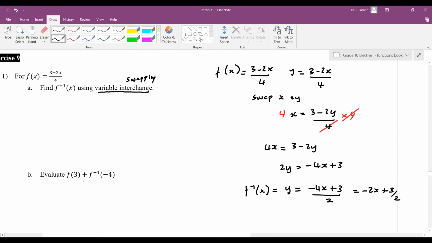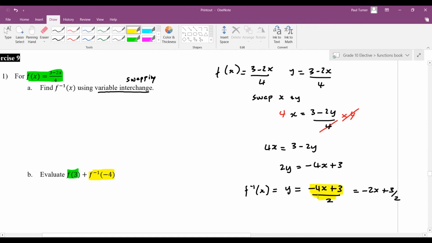Okay, there's a couple of ways to do it. We've got f(3), and we know the f function already. So we refer to your f function here. We've got f inverse of minus 4, and we already have the inverse, so you may as well use this one over here.